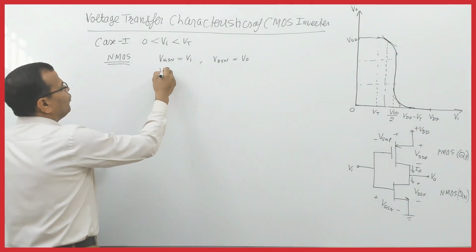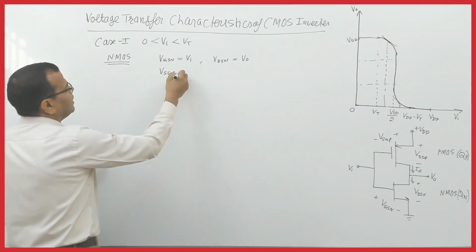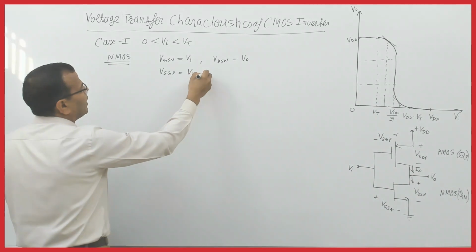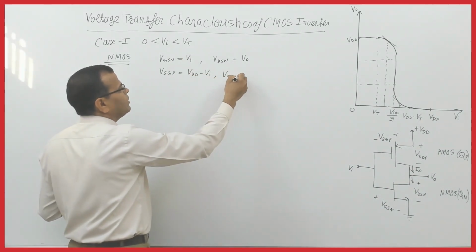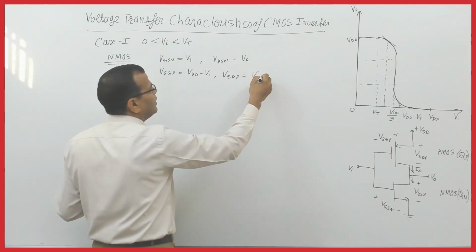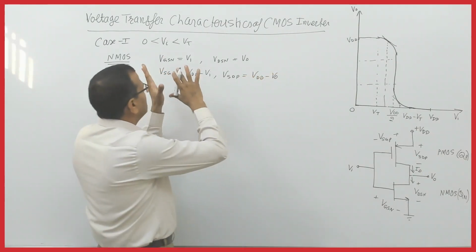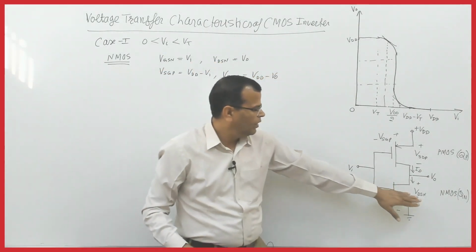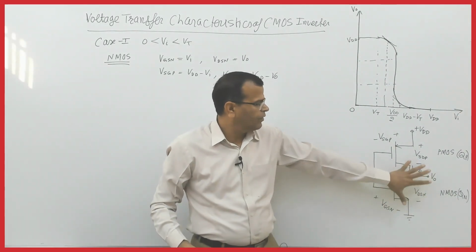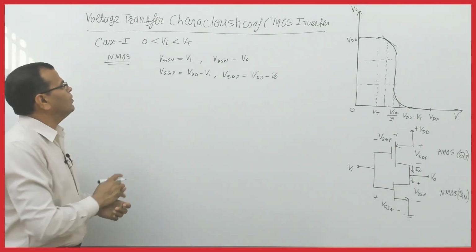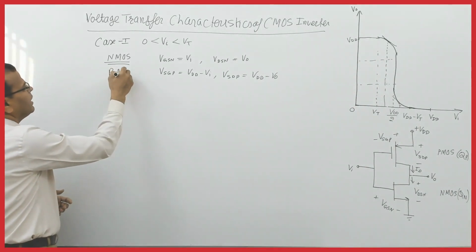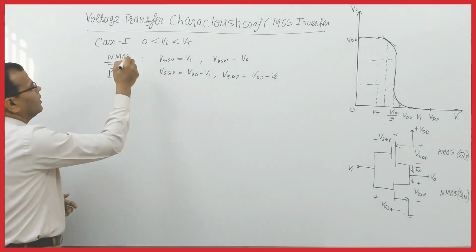Similarly, VSGP is nothing but VDD minus Vi, and VSDP is what? That is VDD minus V naught. These are the expressions of the voltages of the NMOS and PMOS, right? So for PMOS, this is the expression.